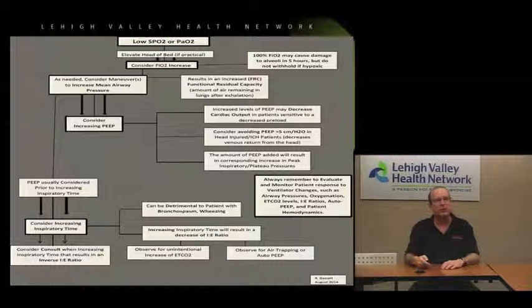Another way you can increase your mean airway pressure, either in addition to your PEEP or maybe in place of your PEEP, is to increase your inspiratory time. And we talked about increasing your inspiratory time. That's increasing the time component of your mean airway pressure. Now, if you're increasing your inspiratory time past an inverse IE ratio, that means that your inspiratory time is actually longer than your expiratory time.